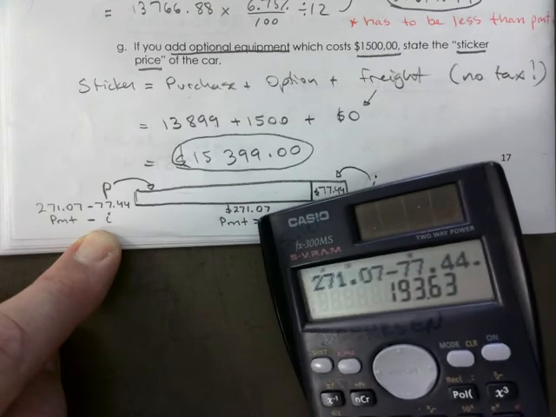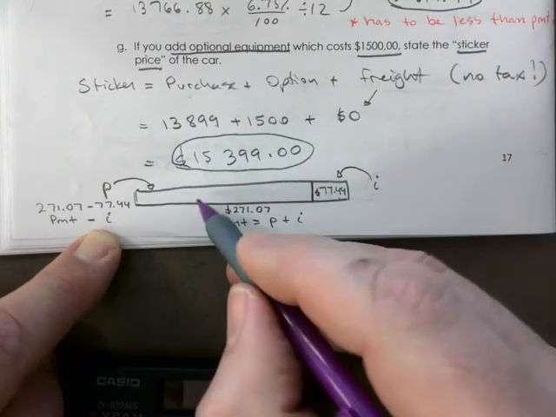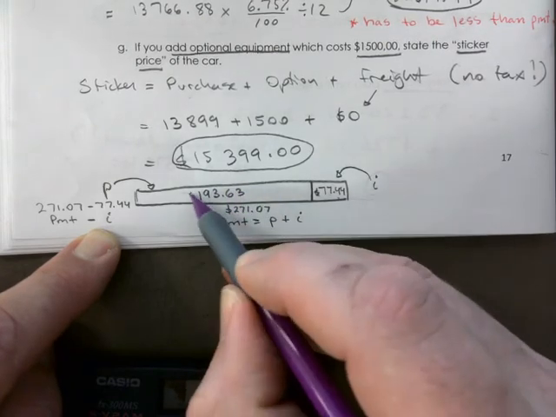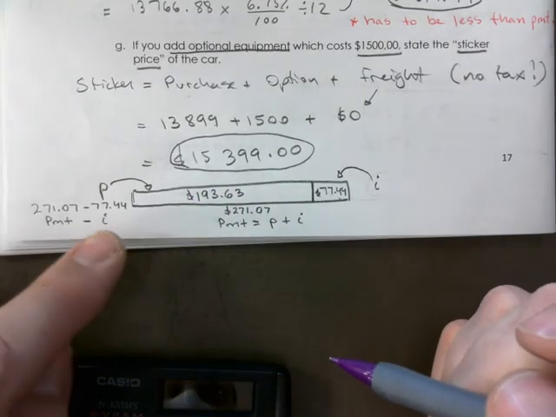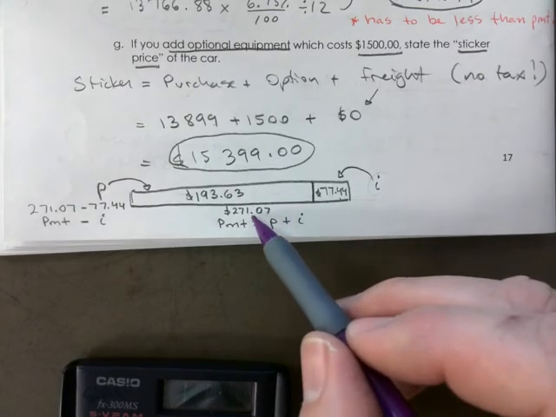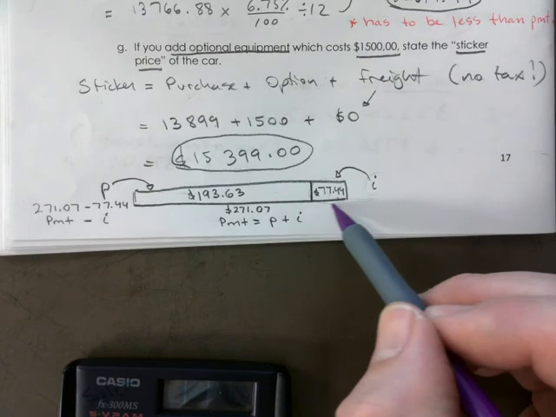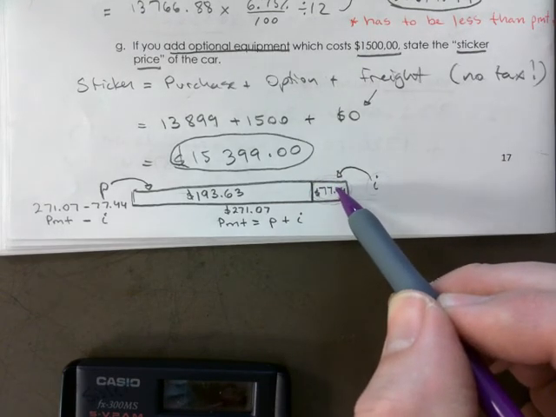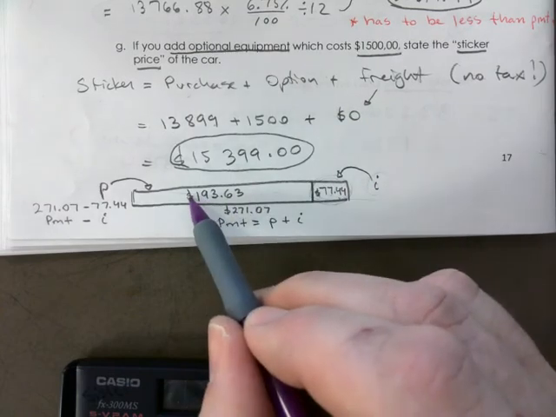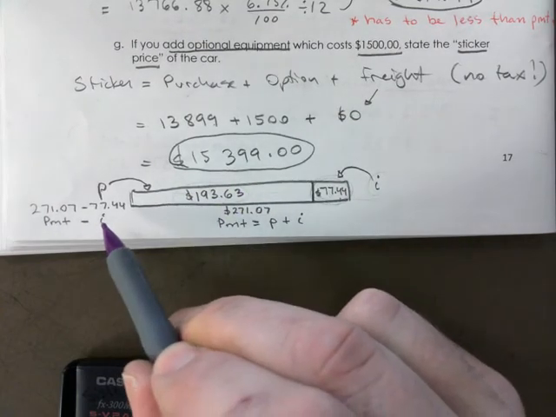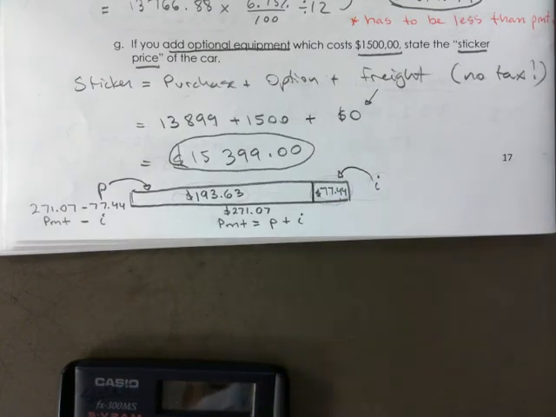So it's 193.63 that goes in here. So we just kind of took apart that payment and figured out on the first month you'd be paying $77 and something on interest and about $193 towards your loan. Okay?